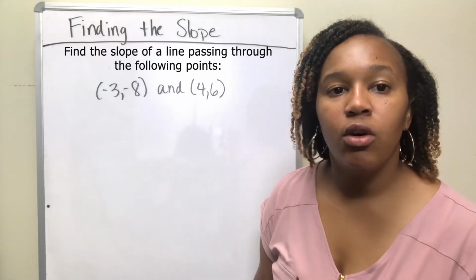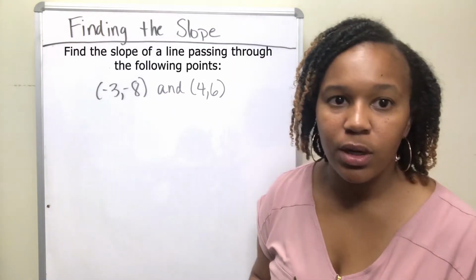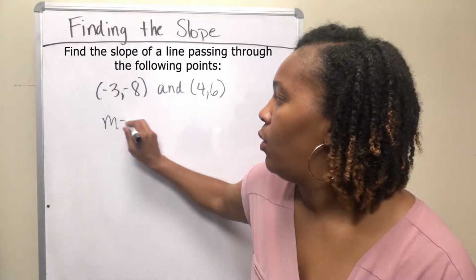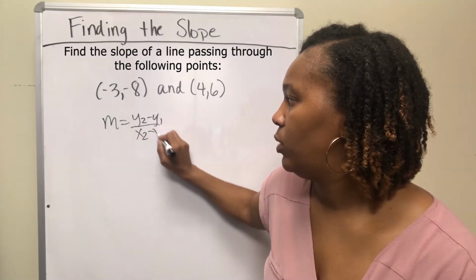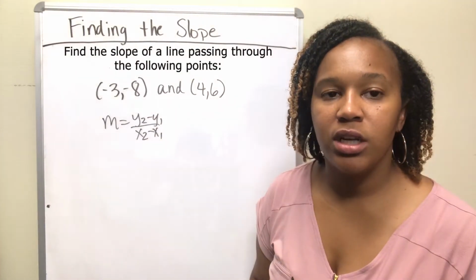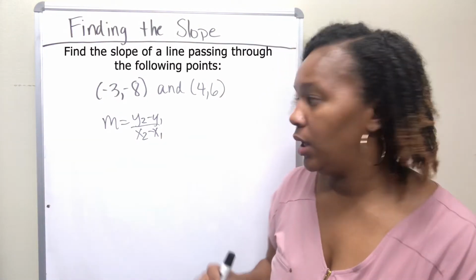Okay, so remember slope is the change in y over the change in x, or you can say rise over run, or you can remember the formula y2 minus y1 over x2 minus x1. So again, if you remember that it's change in y, that means the difference in the y's over change in x, which means the difference in the x's.